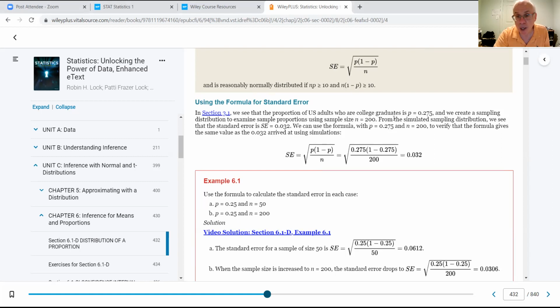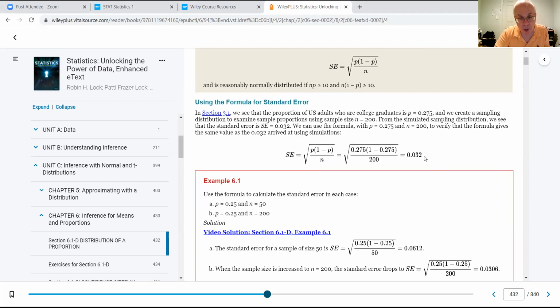The proportion is 0.275 and the sample size is 200. So we just plug in the numbers: the population proportion is 0.275, 1 minus 0.275 is 1 minus p, and n is 200. We take the square root of that fraction and get 0.032. So that's the standard error.